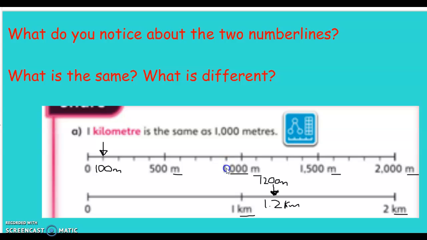So my 1 moves down 1, 2, 3. My 1 would move to here. So my 1,200 would also move down 3, 1, 2, 3, past the 0 in the 1s and into the 10ths, to make 1.2.